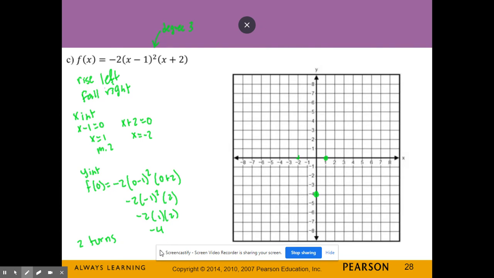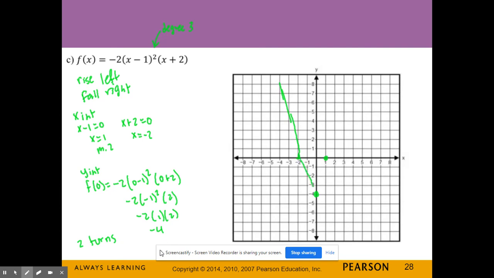It rises to the left. So that means we're going to come down from this direction to get to that x-intercept. Again, the x-intercept at negative 2 has a multiplicity of 1, so this will pass right through.